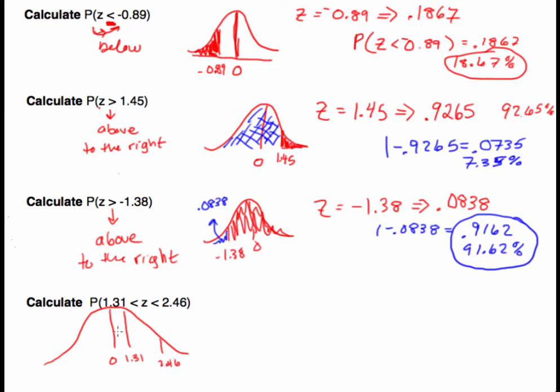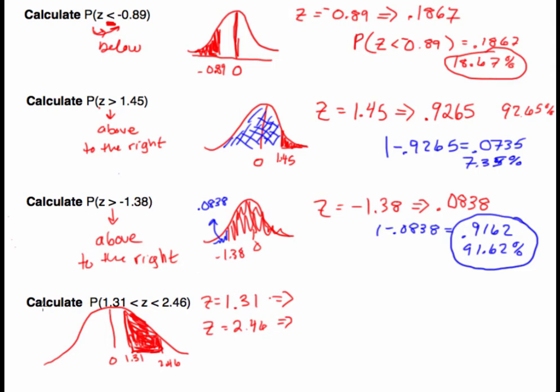So I'm actually looking for the area between. You'll have to forgive my drawing. I am looking for the area between two z-score values. Now, I am going to look up both of these on the chart: a z-score of 1.31 and a z-score of 2.46.